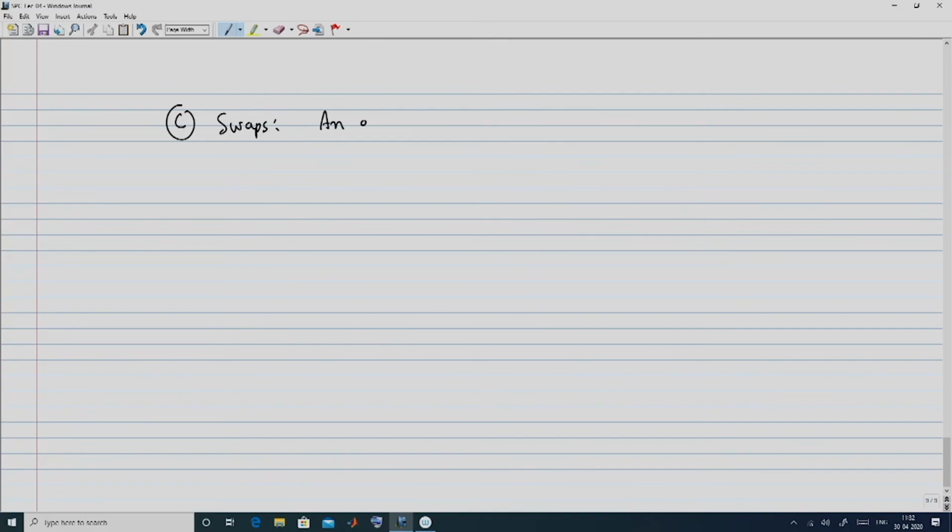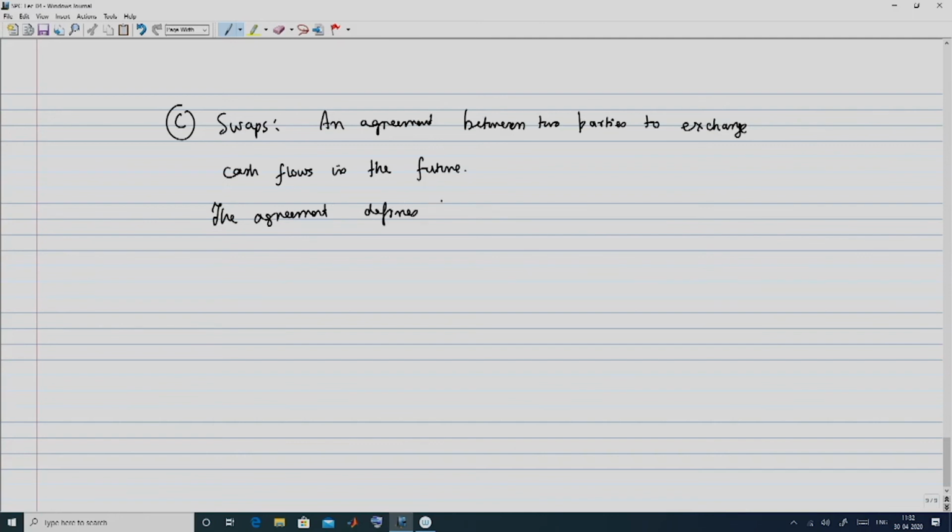It is again an agreement between two parties to exchange cash flows in the future, and this agreement defines the dates on which the cash flows are to be paid and the way they are calculated.